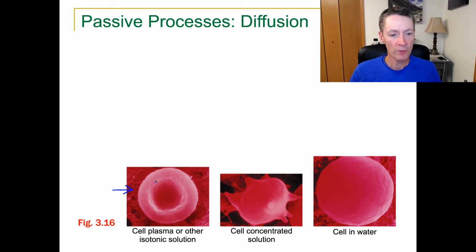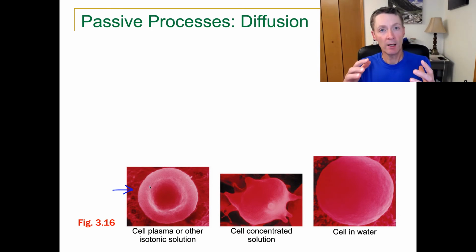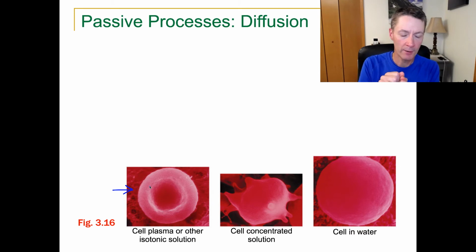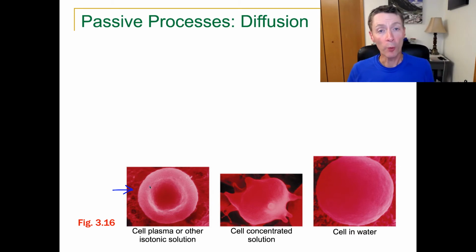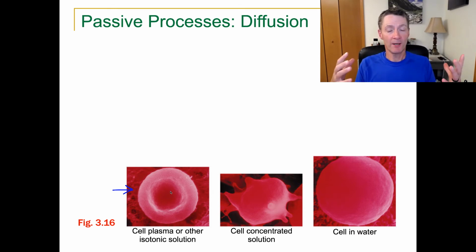Okay, so this is the way a particular red blood cell should look. Okay, it will have a certain amount of fluid inside of it. It won't be too much pressure inside, and it won't be too little pressure inside. Okay, what we hope is that not too much water goes into any cell in our body, or else we could be in trouble. That cell could burst, okay?